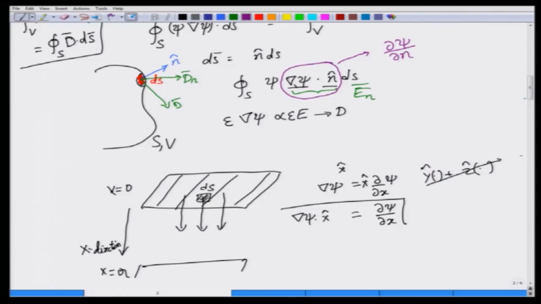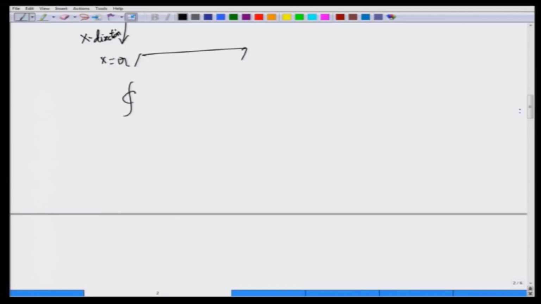Very interesting. Now, I can rewrite that integration over the closed surface. I have psi here, and del psi dot n can be replaced by del psi by del n dS. So, whatever the surface that we were considering, over this entire surface S, this is the integration that we are performing.